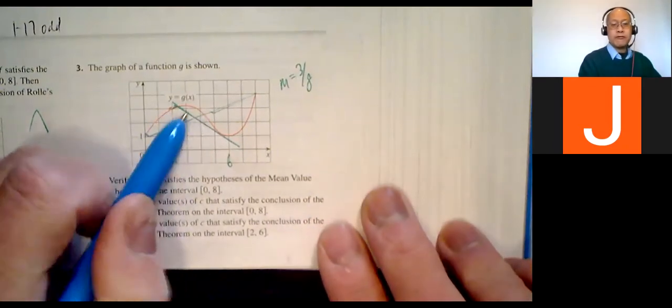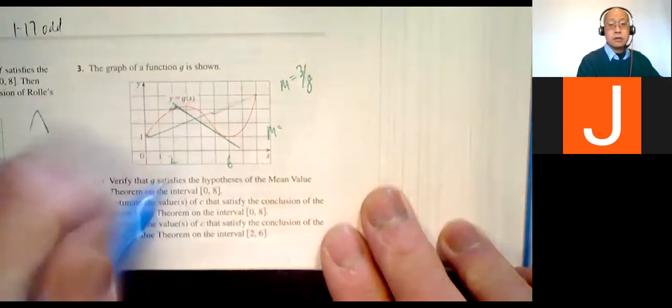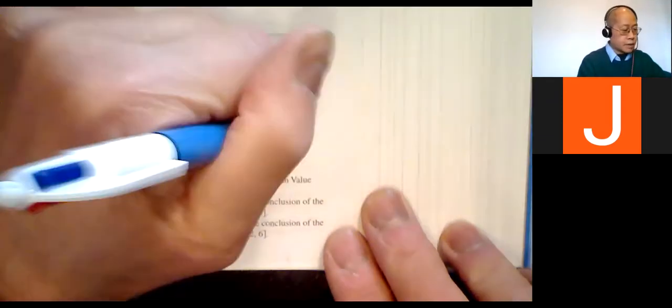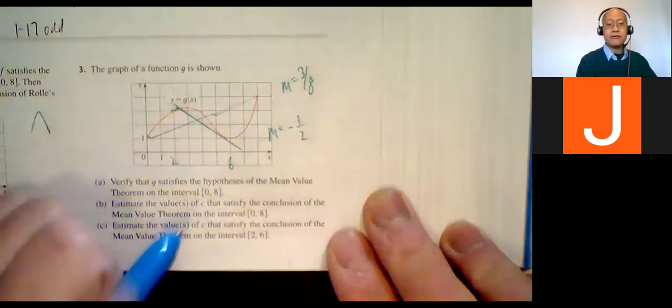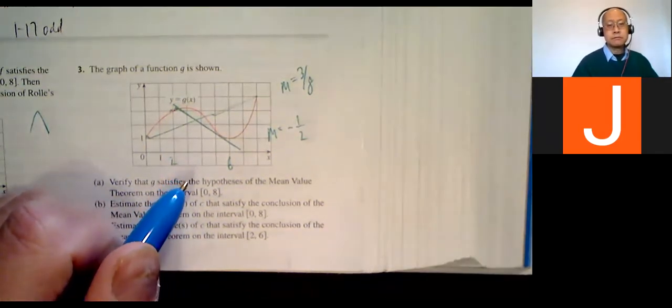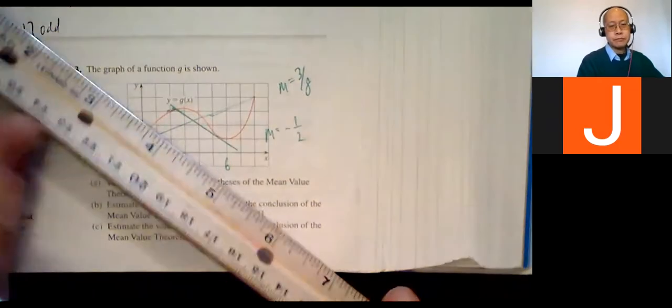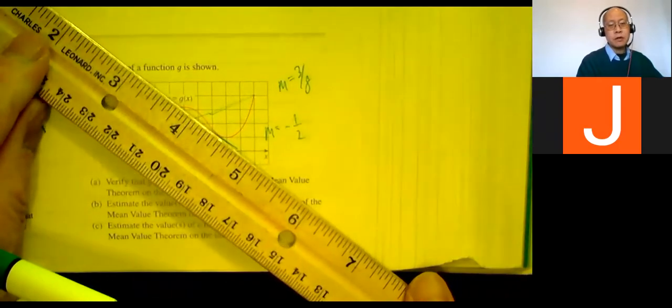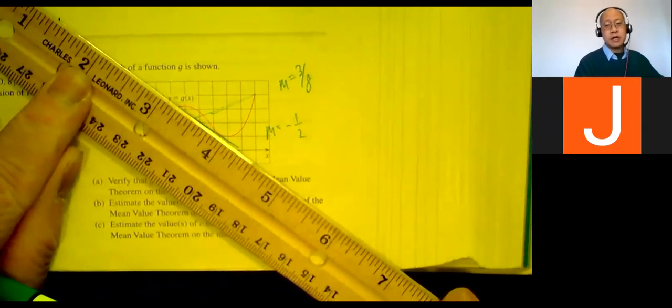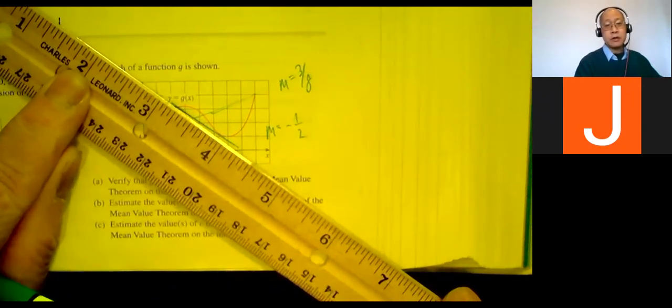Okay, that's going to be over 4 and down 2. Just so we can write it, it's 1, 2, 3, 4 over, 2 down. So that's -2 over 4 or -1/2 slope. Okay, so somewhere between 2 and 6, the slope is -0.5.